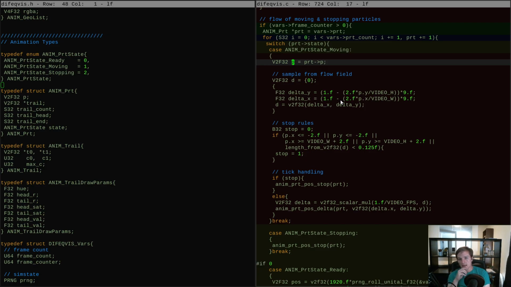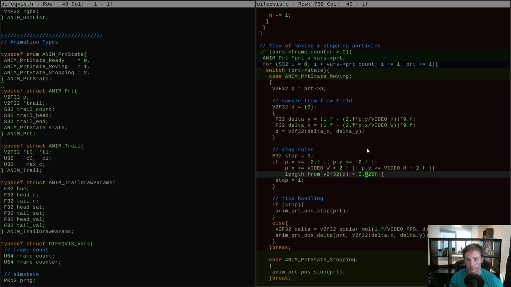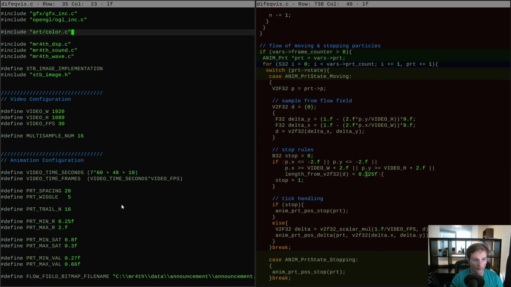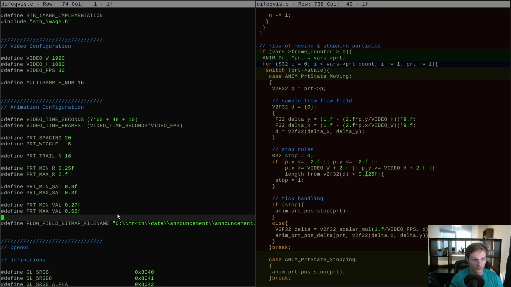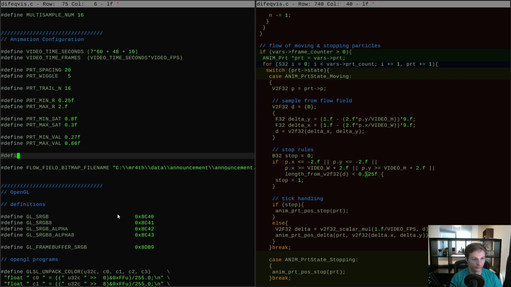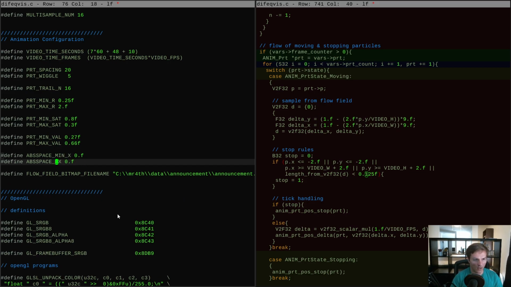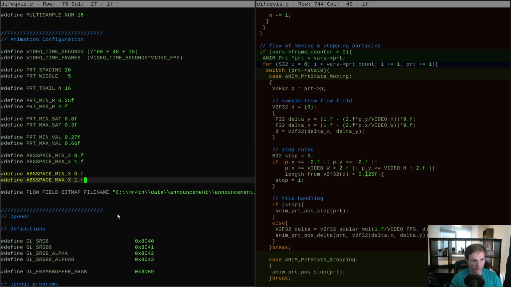I'm going to say, for now, let's just hard code our abstract space, and we'll get to the point where we can soft code it later. So we're going to say that the range of the abstract space is a unit square, like this.